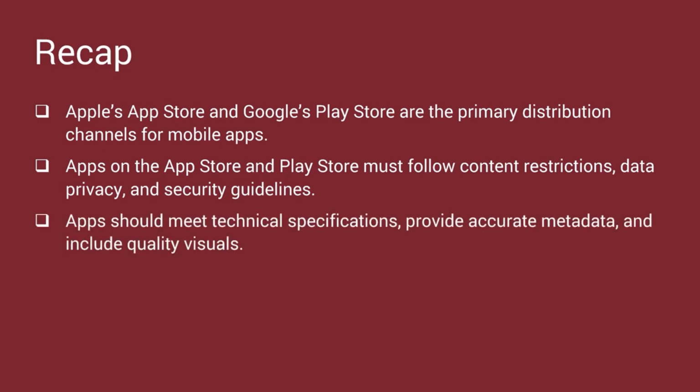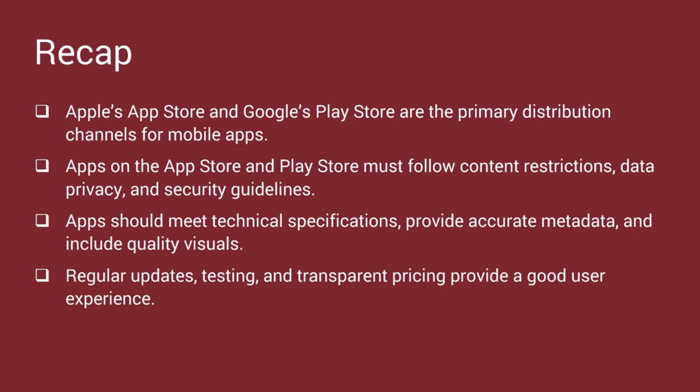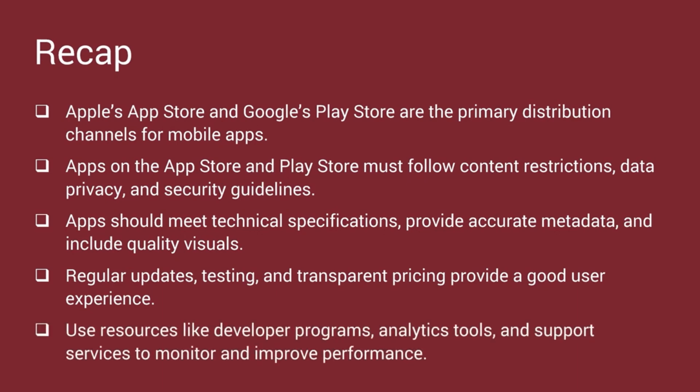Apps should meet the technical specifications of each platform, provide accurate metadata, and include high-quality visuals to attract users. Regular updates, comprehensive testing, and transparent pricing for your apps are important to provide a good user experience. Use available resources like developer programs, analytics tools, and support services to monitor and improve your app's performance.